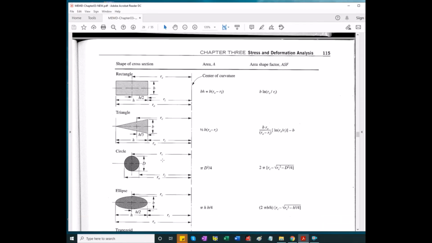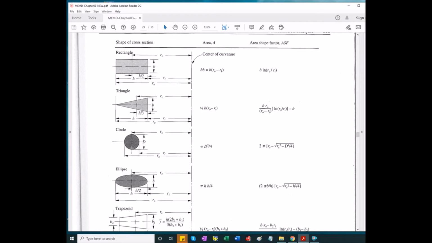It's a triangle. We have area, everybody knows the formula for area of a triangle. Area shape factor, also a natural logarithm occurs and uses outer radius, again inner radius, as well as B, that is the width of the base.